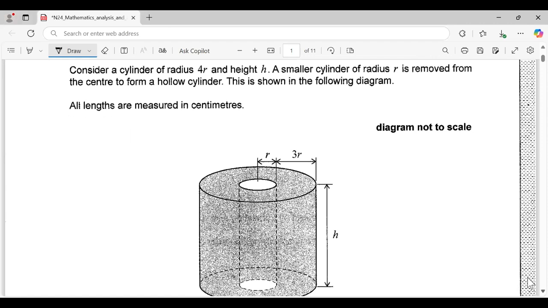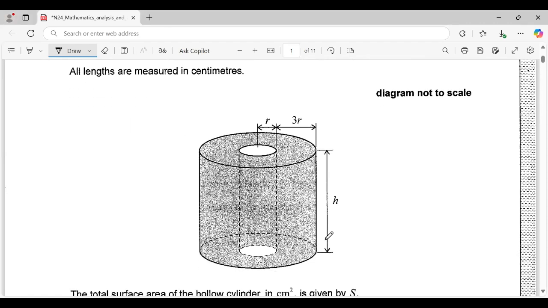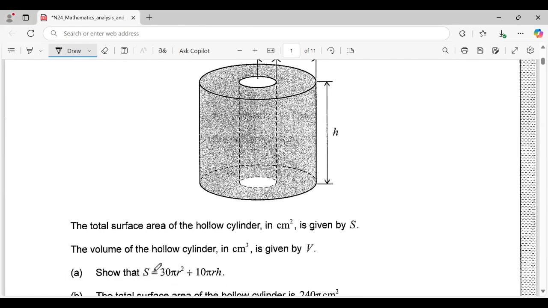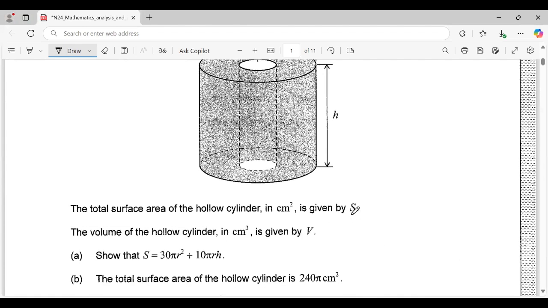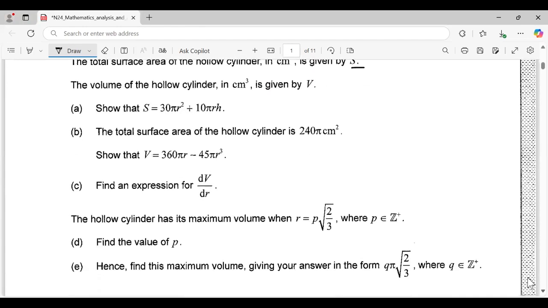We can see in this diagram, all lengths are measured in centimeters. The total surface area of the hollow cylinder in centimeters squared is given by S. The volume of the hollow cylinder in centimeters cubed is given by V. Show that S equals 30 pi r squared plus 10 pi r h.